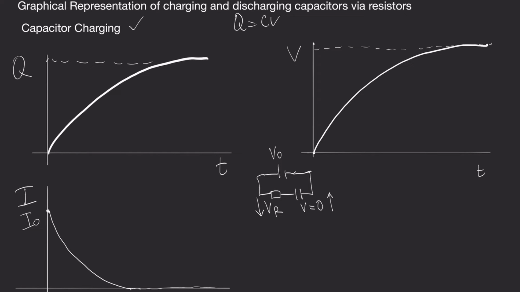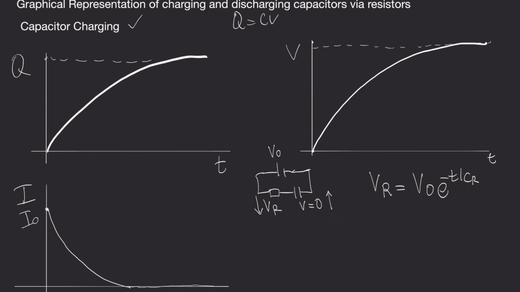This is actually an exponential decrease, and the expression for the voltage across the resistor is that VR is going to be equal to the initial voltage, which has to be the EMF, V0, e to the minus t over CR. Let me just move this label over here like so.